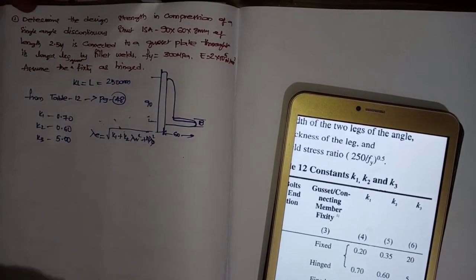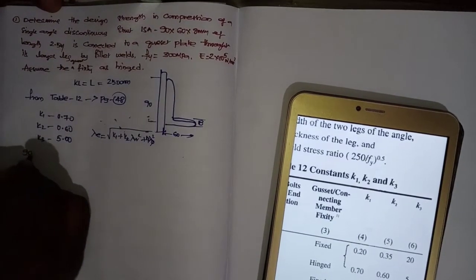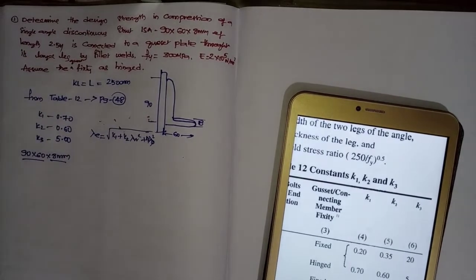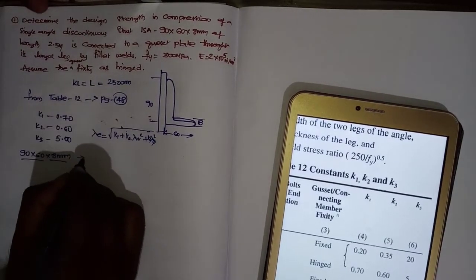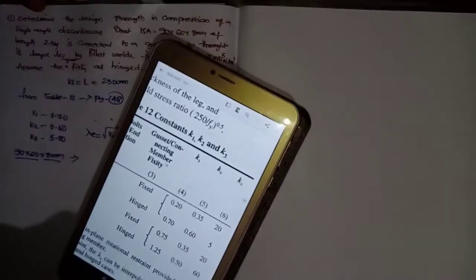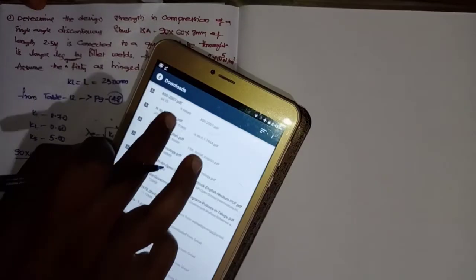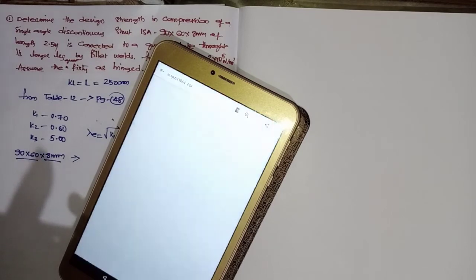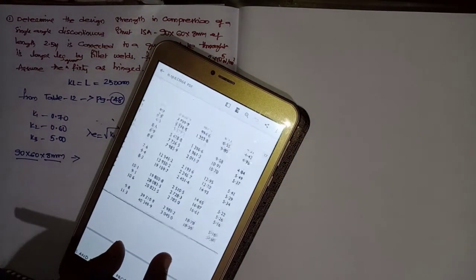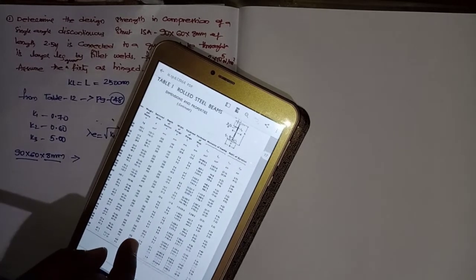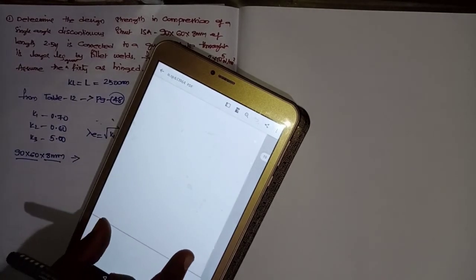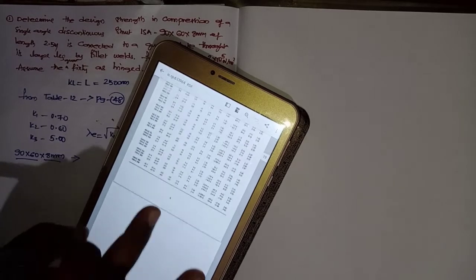Now the section is given, 90 by 60 by 8 mm. For this you visit the SP6 chart. From that what can you obtain? Area. Angle sections, channel sections.